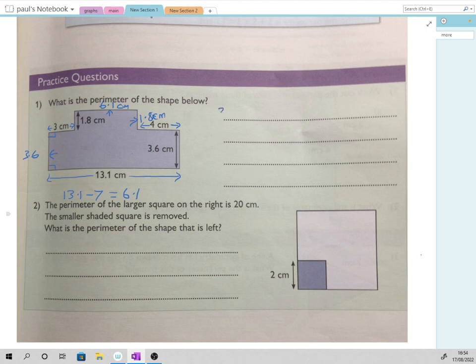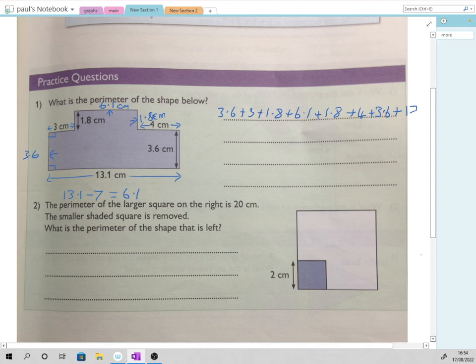So it's going to be 3.6 plus 3 plus 1.8 plus 6.1 plus 1.8 plus 4 plus 3.6 plus 13.1.